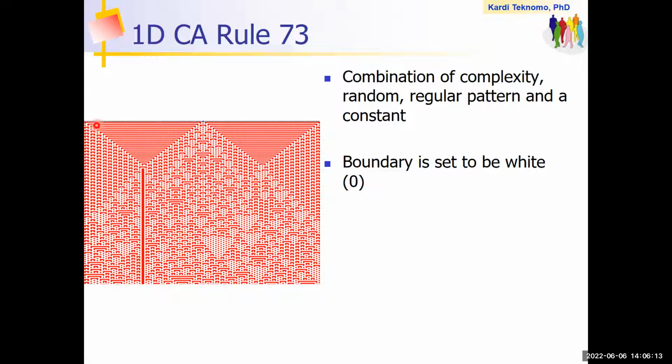And this one is a repeating pattern. But here is a kind of random, isn't it? You cannot see a visible pattern. Here is a repeating pattern, and this is a fixed point. Because remember, this is time, going down, and here is the space, on each column.